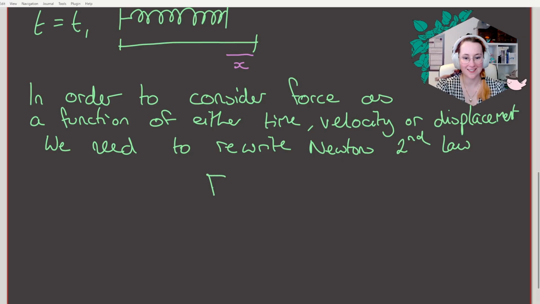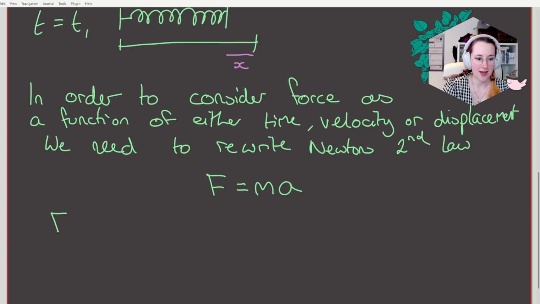Your standard for constant values is F equals ma, right? Where a is fixed, F is fixed. But if we were going to do F of x, mass generally doesn't change. We're going to keep mass constant, but that means that a now has to be a function of x.